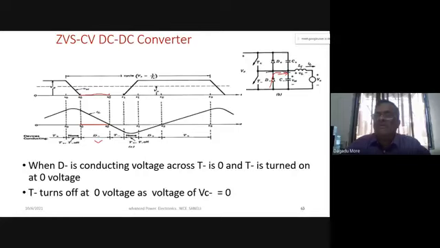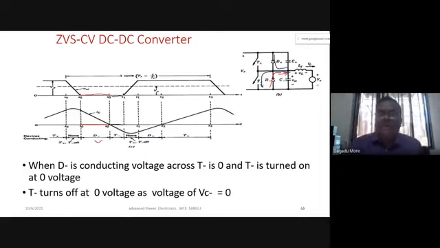Now current will be flowing like this. 0 voltage means we have to short this point. So when the voltage is 0 but the current is negative, T minus will conduct. Similarly, if the voltage is positive but the current is negative, then D plus will conduct.